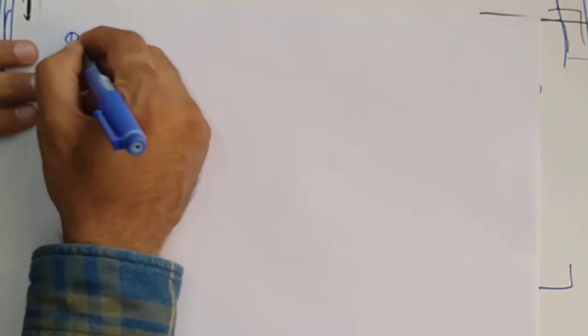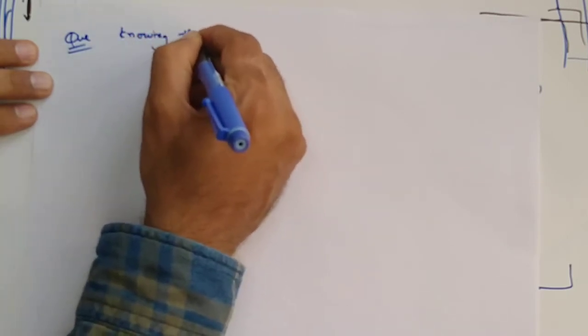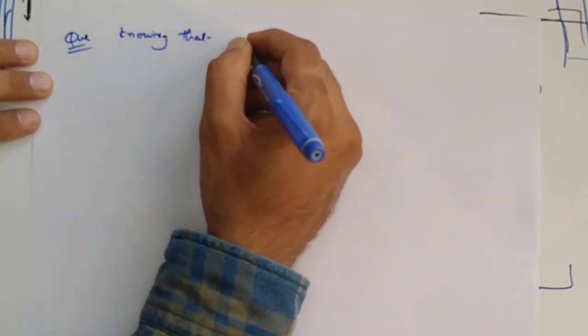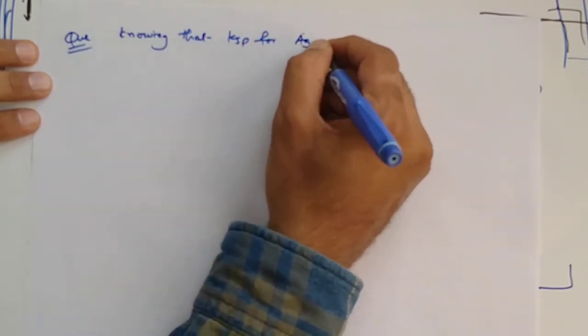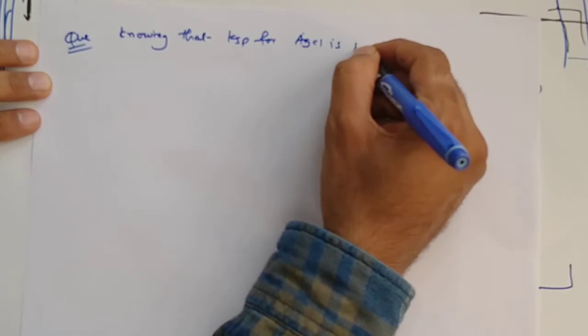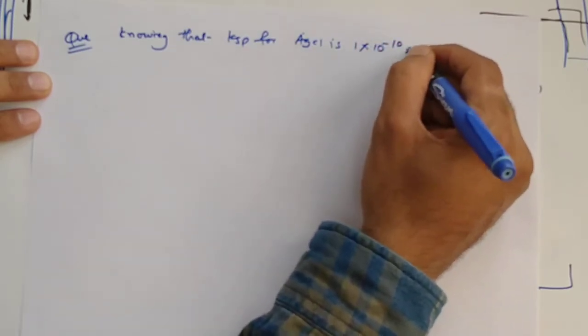Now next, new question. KSP for AgCl is 1 into 10 raised to minus 10.